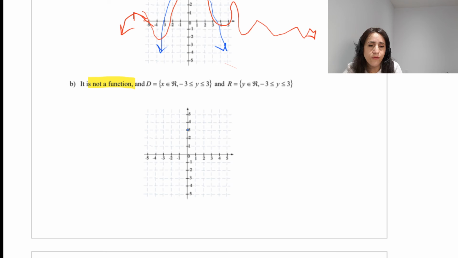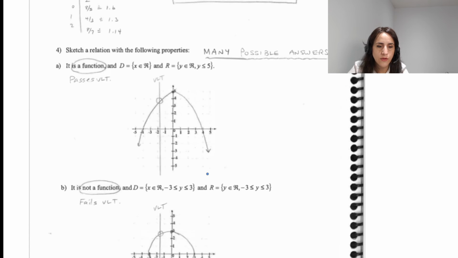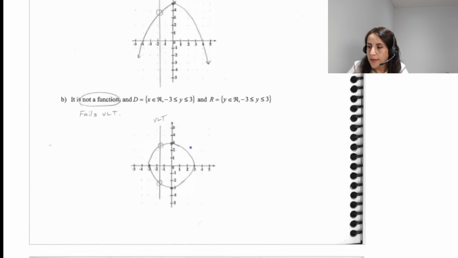The easiest one that I could do is a circle. I could make a circle here. Yes, it is a circle between -3 and 3 in both directions, and as you see, it is failing the vertical line test.